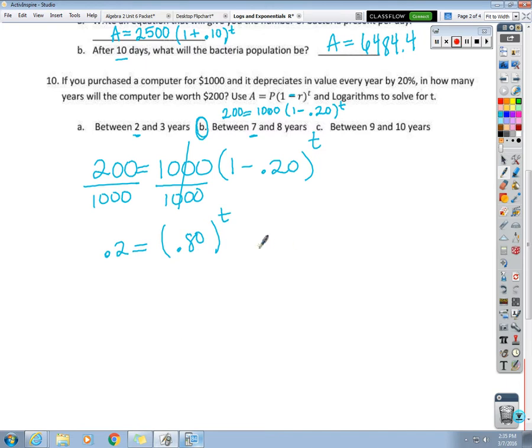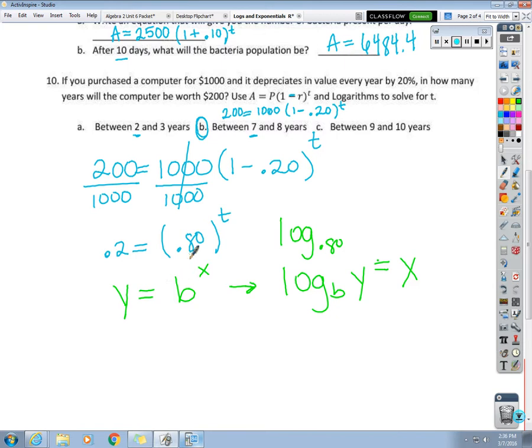Now some of you will probably recognize this as exponential form, y equals b to the x. We learned how to isolate this variable and get it by itself by changing it to log form. Okay, so that would become log base 0.80, because that's your b, of 0.2 equals t.